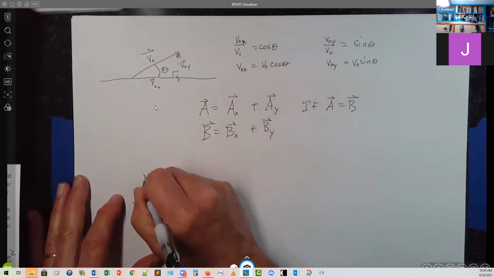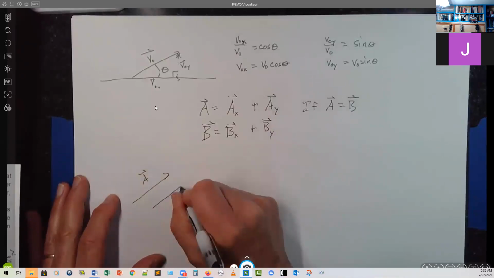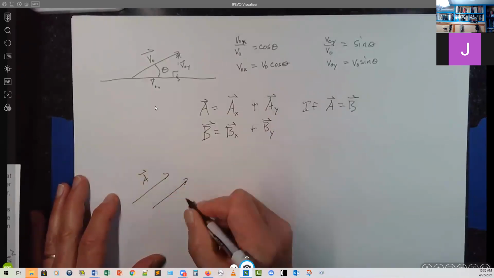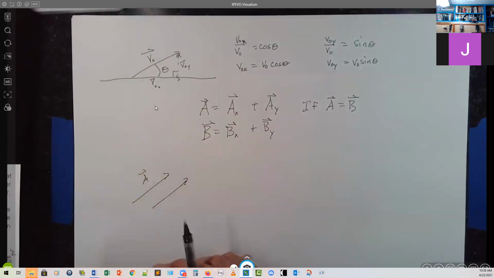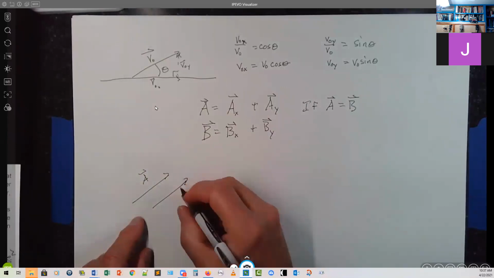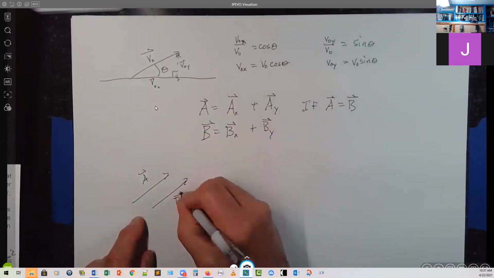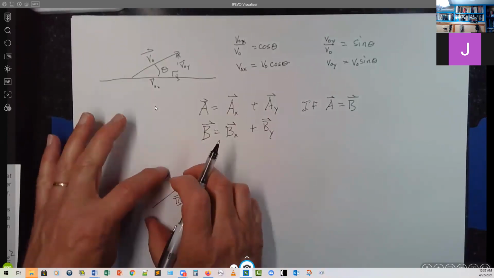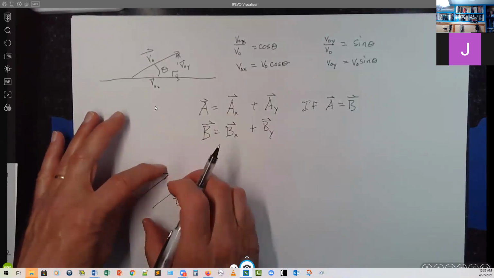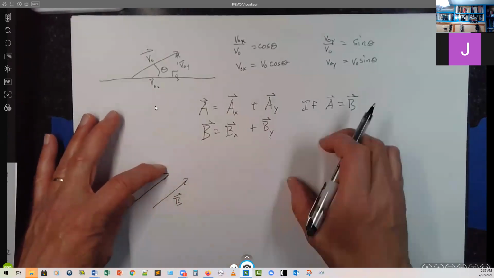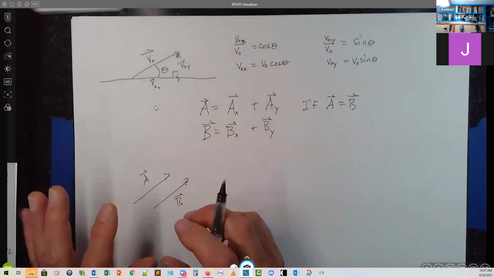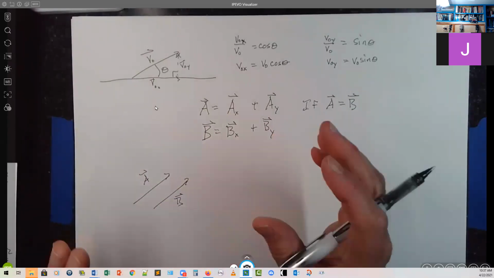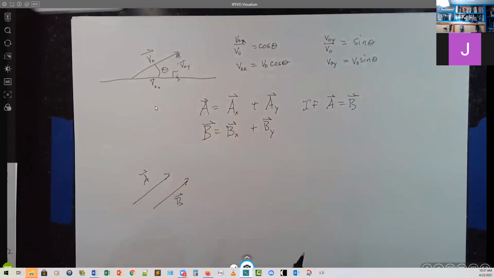If this is A and this is B, they're parallel to each other, which means they point in the same direction. It doesn't matter if the vectors are sitting right on top of each other, or if I take vector B and move it all the way over here. If they have the same magnitude and point in the same direction, we say that they're equal.